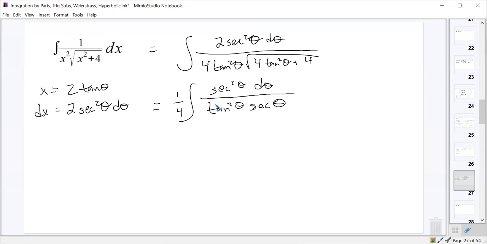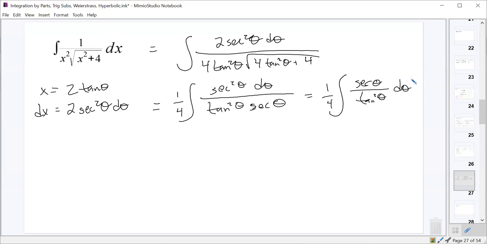So we've now got 1/4 the integral of secant squared theta over tangent squared theta times secant theta. So we can cancel one of the secants, right? That gives us 1/4 the integral of secant theta over tangent squared theta d theta.